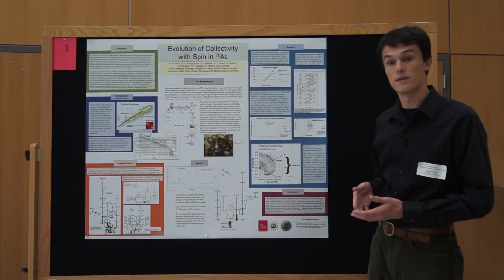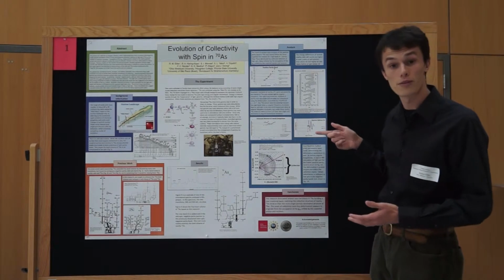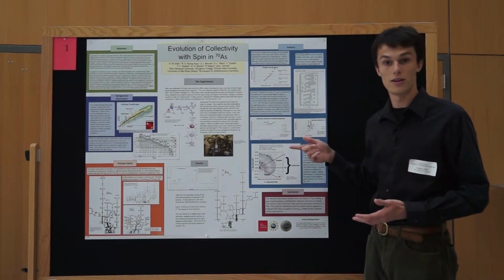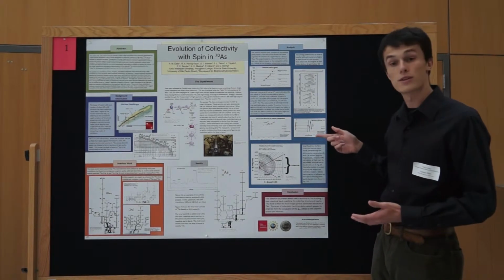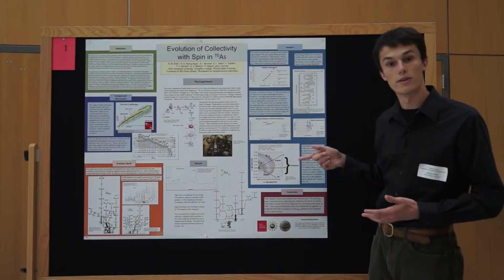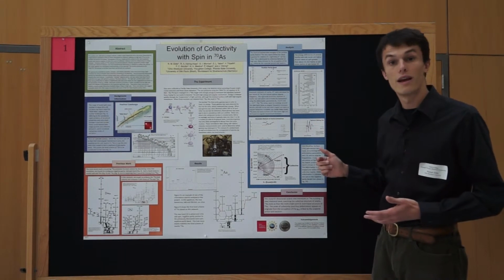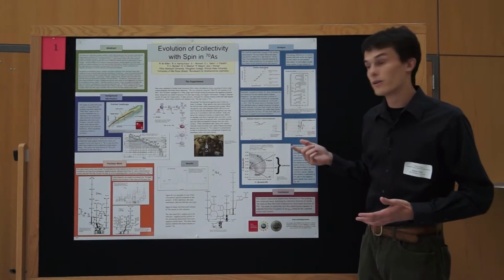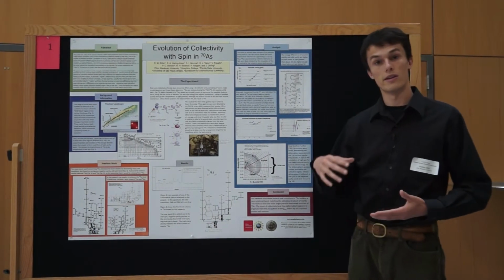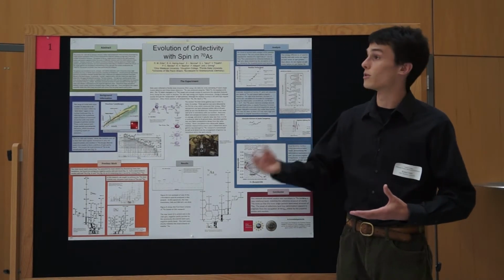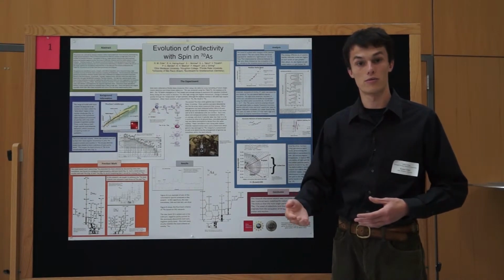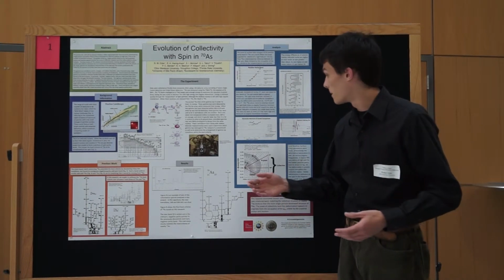We also compared the energy differences between the states in the bands of Arsenic-70 to those of other odd-odd nuclei in this region. And we saw that they oscillated between high and low values and had the same phase as these other odd-odd nuclei, which is very encouraging and suggests similarities with those nuclei as to where the leftover particles, the proton and the neutron, go when they are excited.